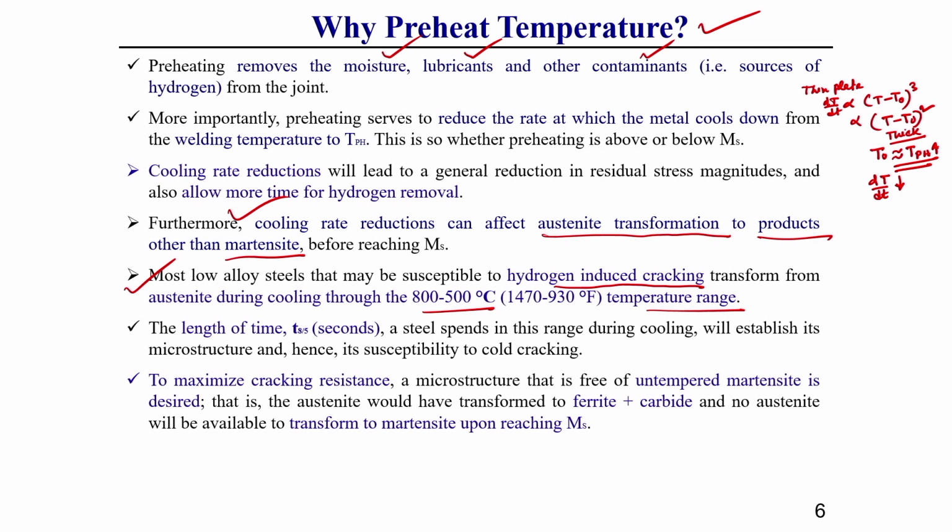Generally in the 800 to 500 degree centigrade range, the low alloy steel austenite transforms to other phases like martensite, pearlite, bainite or ferrite, whatever phases will be formed after cooling, that generally occurs within a temperature of 800 to 500 degree centigrade.